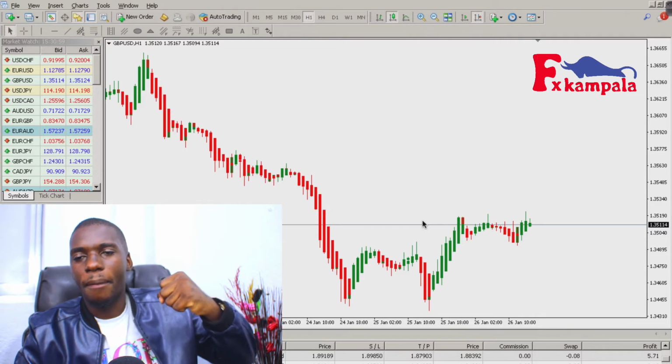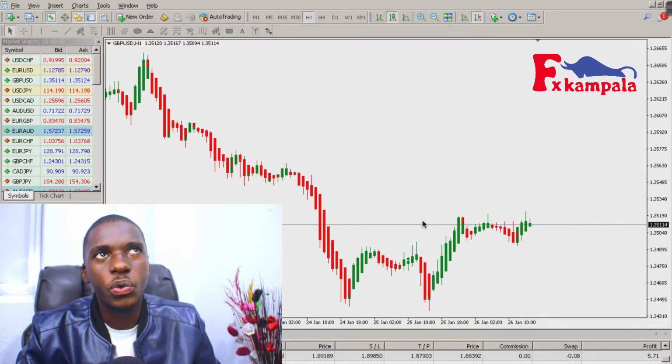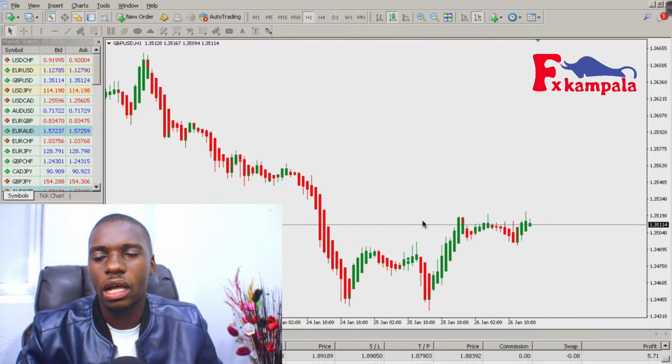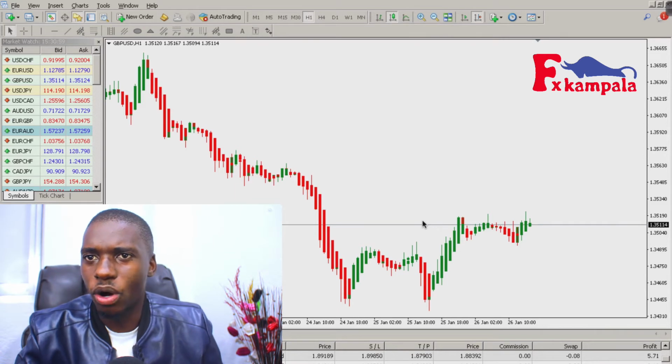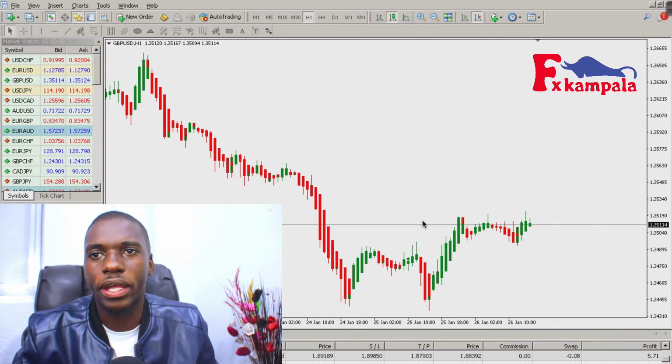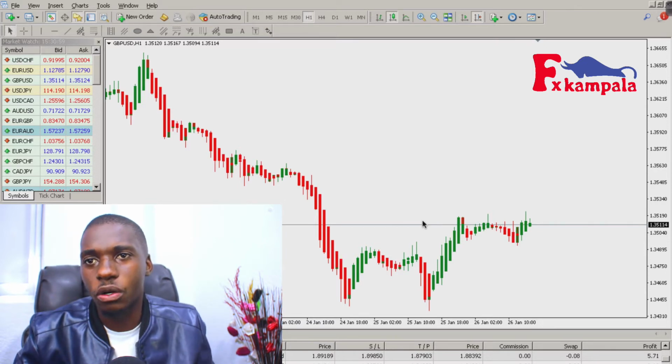These are the best candlesticks to use when you're trading the equities, the commodities, and probably other tradable assets, but we see them making a lot of sense when we are trading equities and commodities.